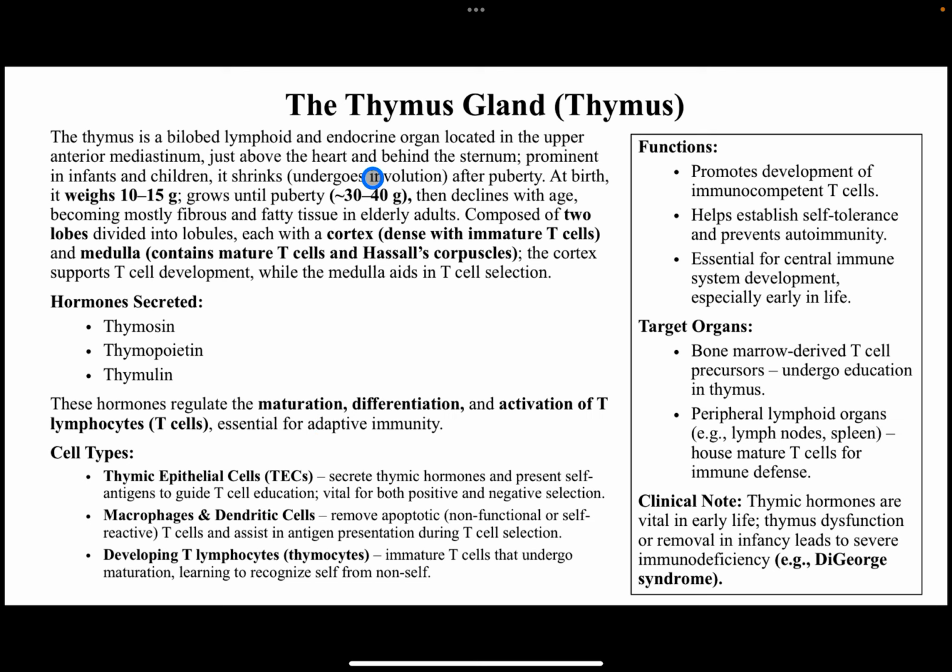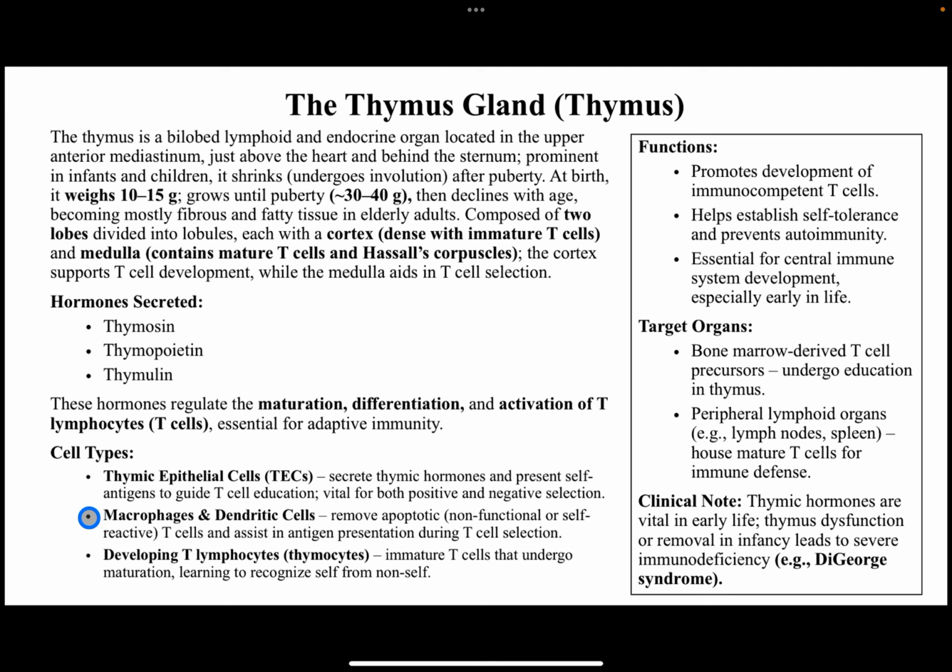Okay, now in the thymus gland, we have three different types of cells. We have the thymic epithelial cells, the TECs. Okay, they secrete the three thymic hormones and present self-antigens to guide T cell education, vital for both positive and negative selection. Then we have macrophages and dendritic cells.